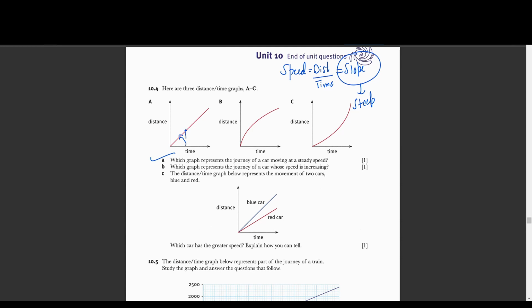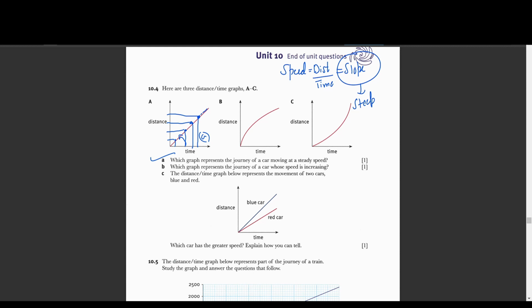Now this is a straight line graph, and you can see that in this particular graph, equal distances are traveled in equal intervals of time, such that the ratio of distance and time is the same throughout. I'll be explaining this in detail in question number 10.5 as well. But yeah, it's actually part A, which represents the journey of a car moving at a steady speed.